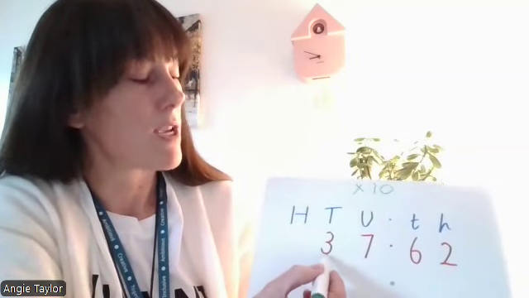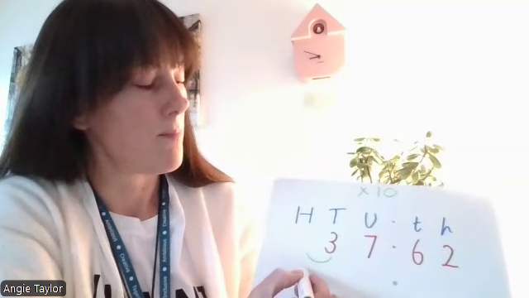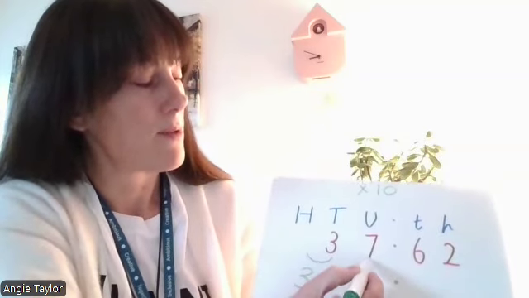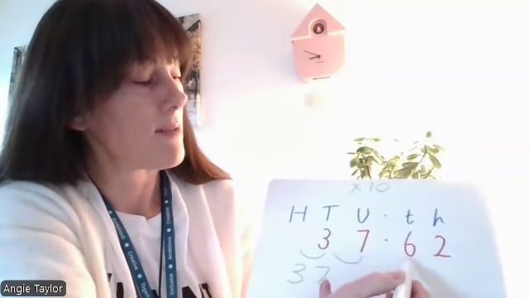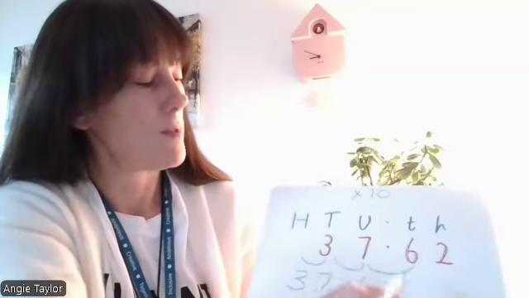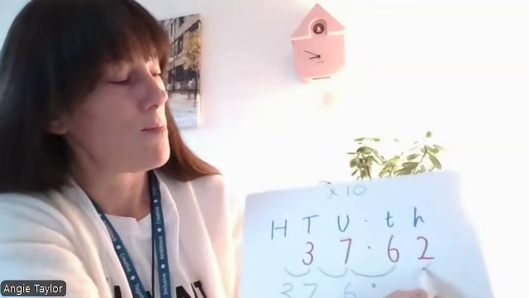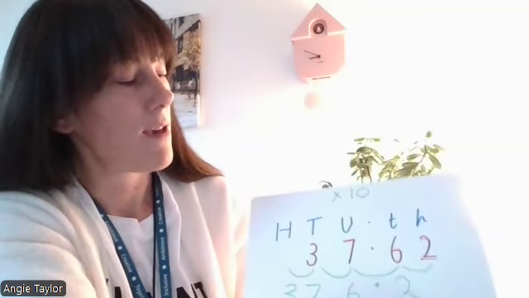We're multiplying by 10. So our 3 moves one column to here. Our 7 moves one column to here. Our 6 moves one column to here. And our 2 moves one column to here.